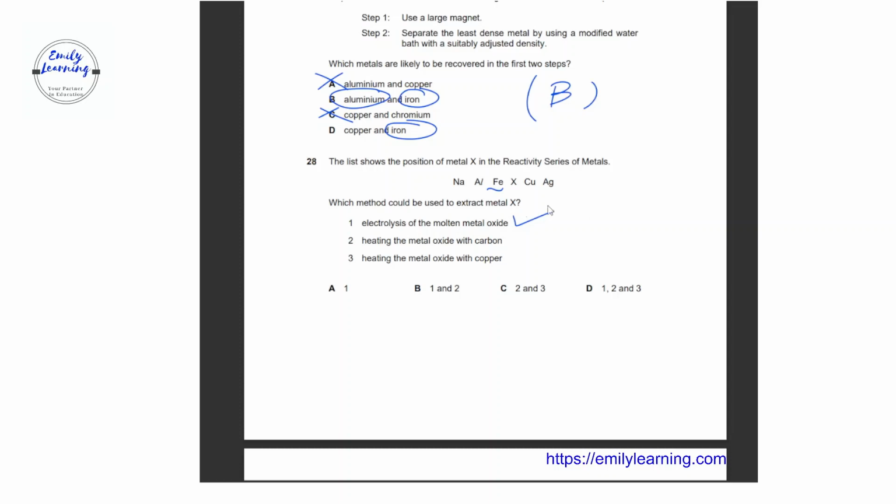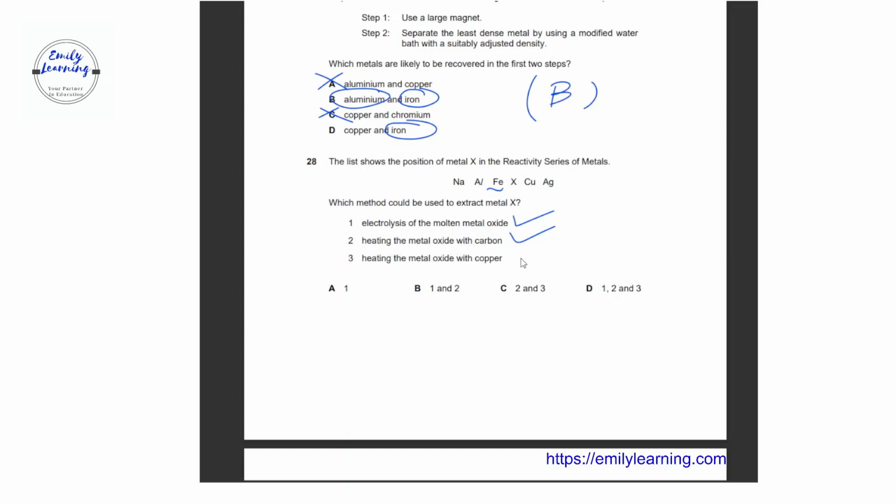So if you can already extract iron by heating the metal oxide with carbon, then we can also obtain X by heating it with a reducing agent like carbon. So yes, we will be able to obtain X by heating its oxide with carbon.